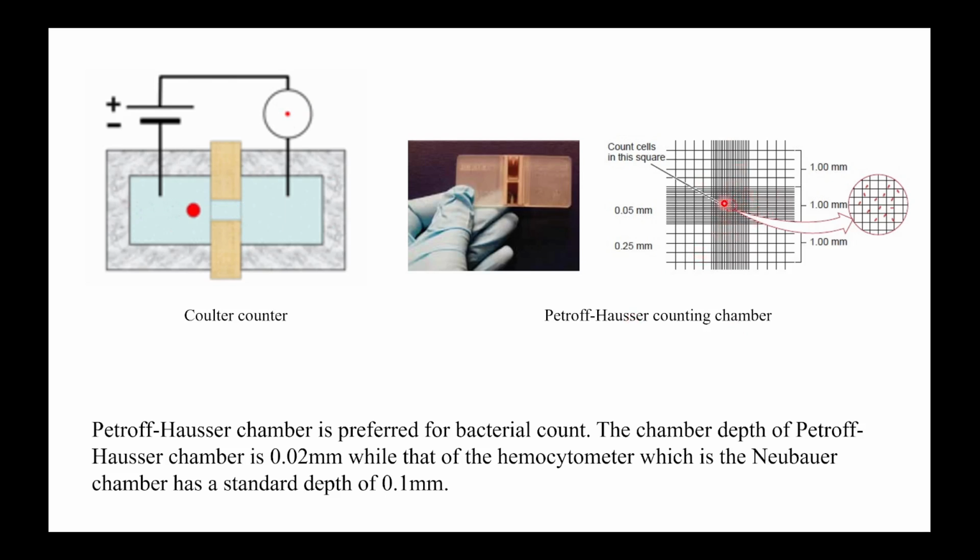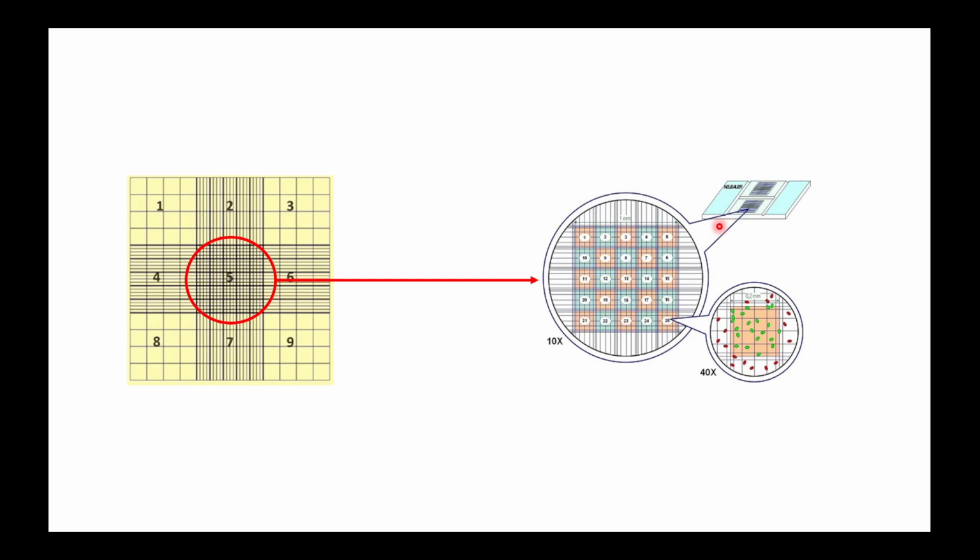And in the finer grids, we generally use the finer grids for bacterial cells which are much smaller. So here you can see clearly, this finer grid has even smaller divisions. You can see small squares in this fifth quadrant, right?